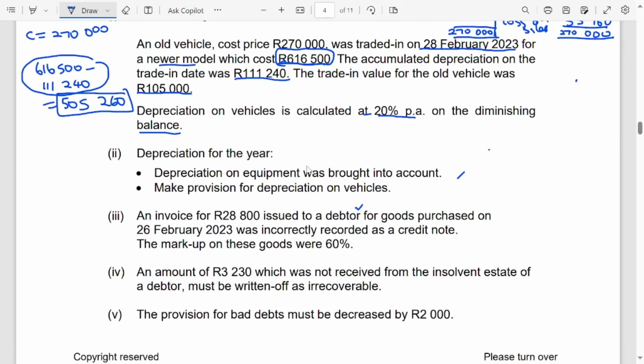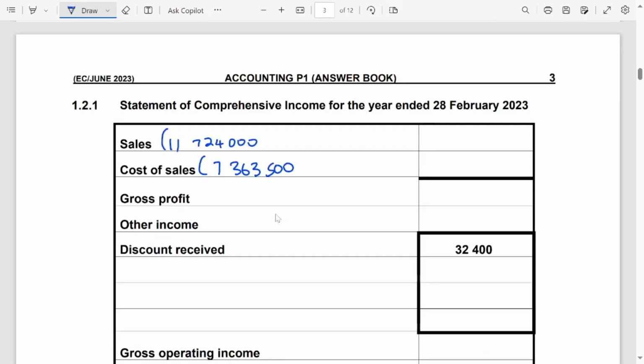We are not given the cost of sales. Remember I said that we were supposed to come and increase the sales, but the sales were decreased, since it was as if the debtors are retaining the goods. So it means that we have to go and increase the sales twice with this 28,800. Why are we doing that?